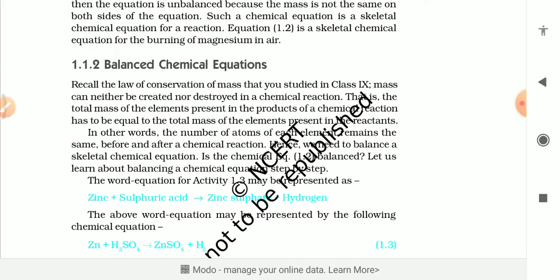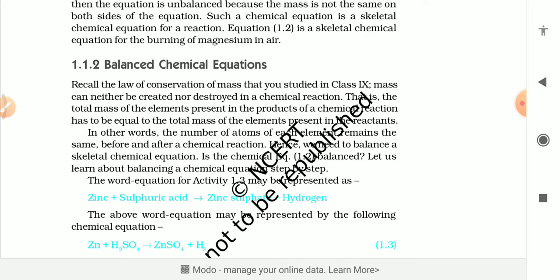I already explained that the total mass of the reactants must be equal to the total mass of the products. In other words, the number of atoms of elements remains the same before and after a chemical reaction.